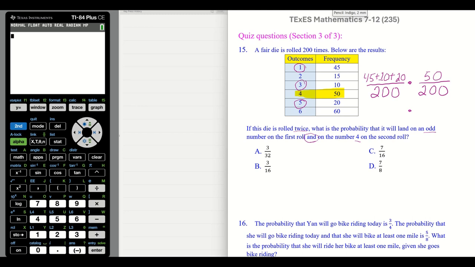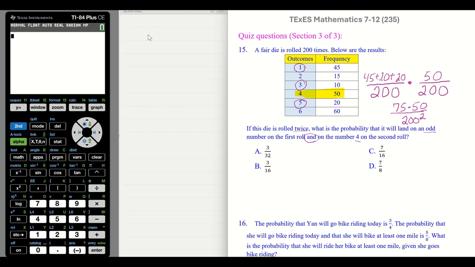So what do we really have here? Let me erase that. Let's put this all together. That is 75 times the 50 all over 200 squared. Let's enter that in the calculator.